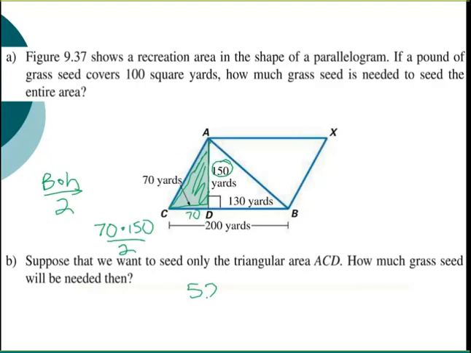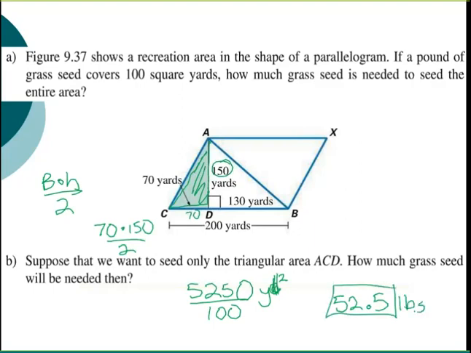So 5,250 is how many yards squared we have. What we need to do then is take the square yards and divide it by 100. If I divide by 100, that shows that I need 52.5 pounds of grass seed. Okay.